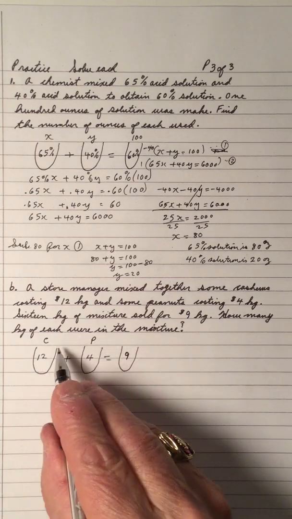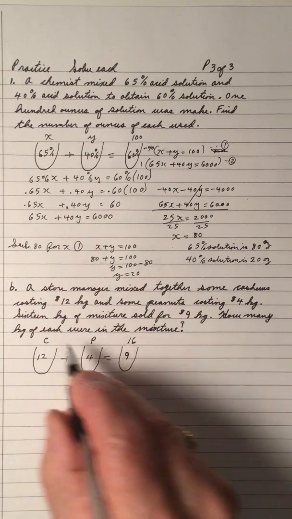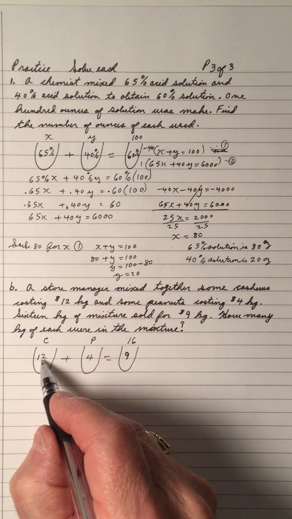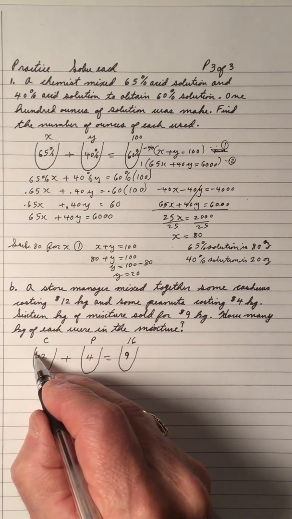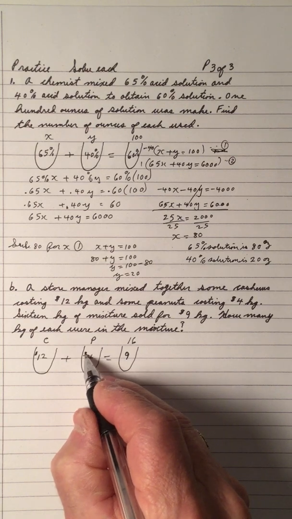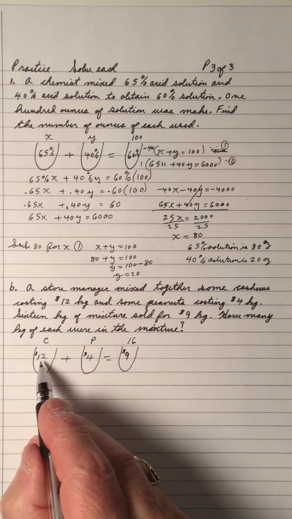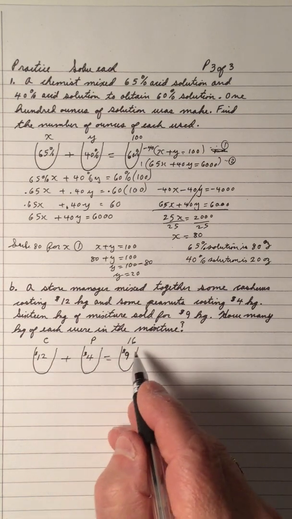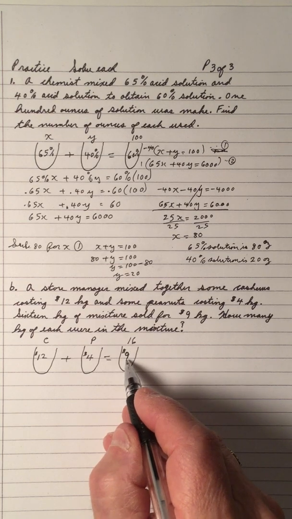And how much do we mix together? So we mix these together, we're going to get 16 kilos. So there's so many kilos of this one, $12. There's so many kilos. I can put dollar signs in here just so you can see what's happening. So this is so many kilos of the cashews, so many kilos of the peanuts, and mix them together, we're going to get 16 kilos at $9.